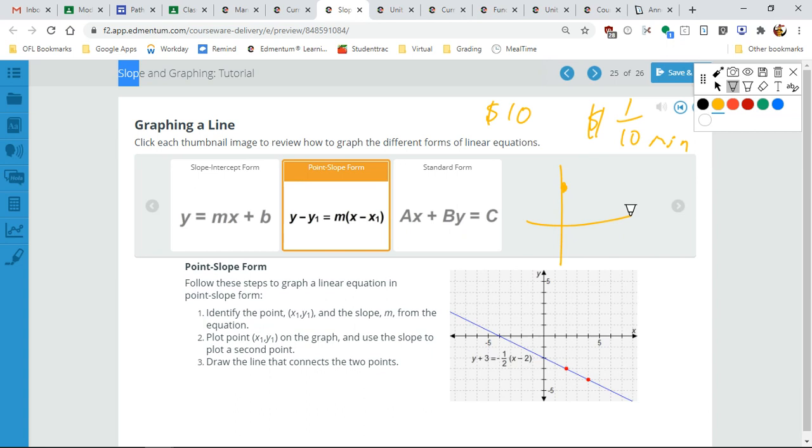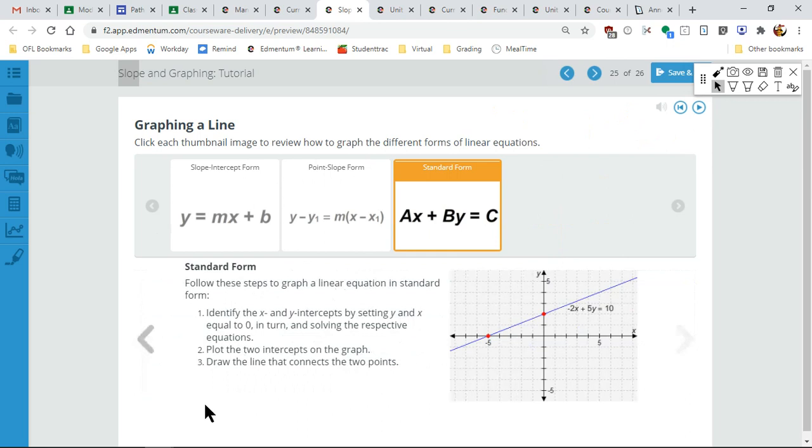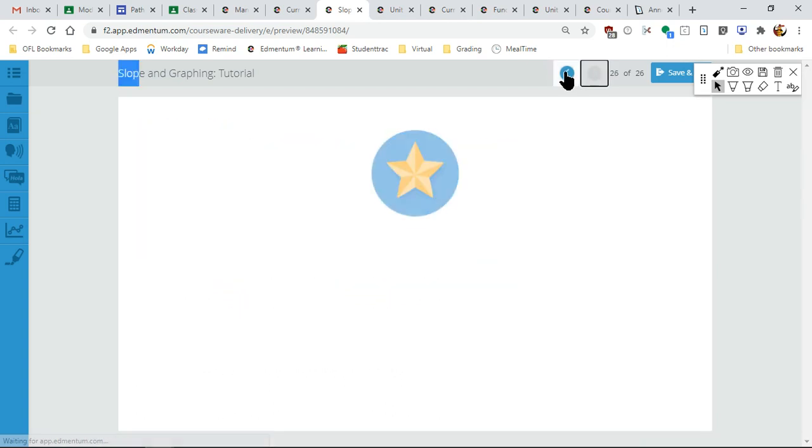And then every additional minute it's going to go up. So it's not going to be that big of a slope because we're going to go up 1 over every 10. So that's another way of doing this. And standard form is that t-shirt and sock example I gave, where every time you buy more socks, it's going to go down. So that's another form of lines. And that's pretty much it.